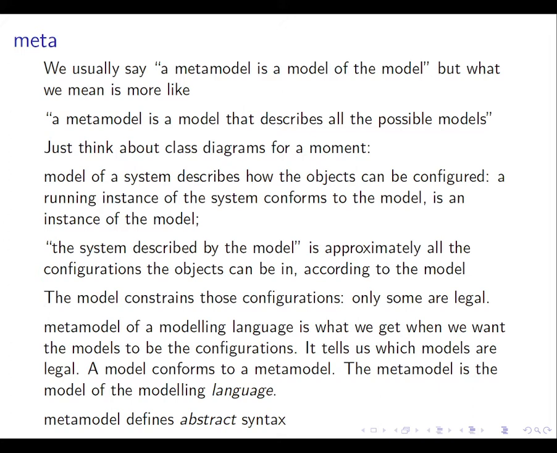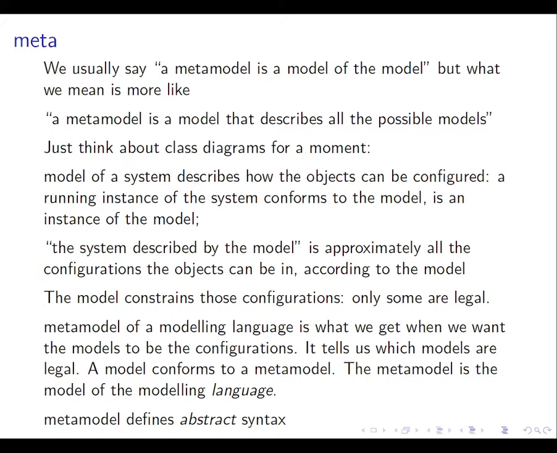So a meta-model of a modelling language is the same thing at the next level up. This is what we get when we're trying to say which models are legal. So then we say a model conforms to a meta-model if it has the right things in it.